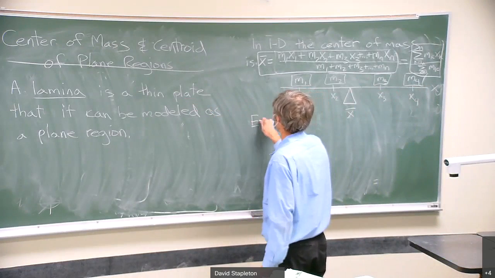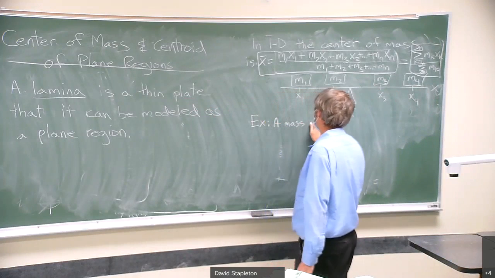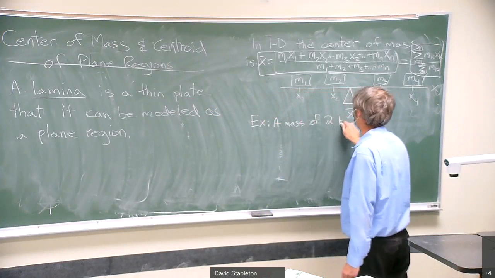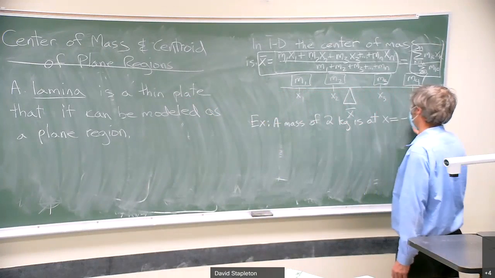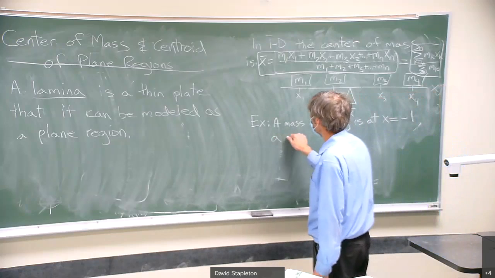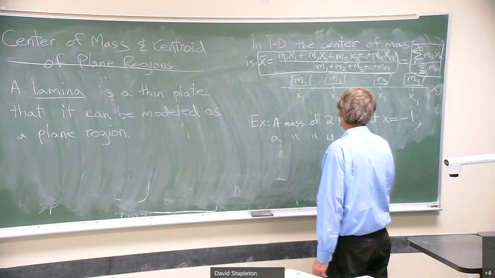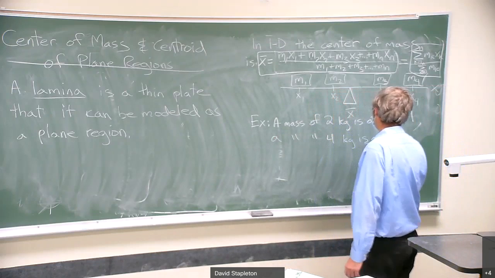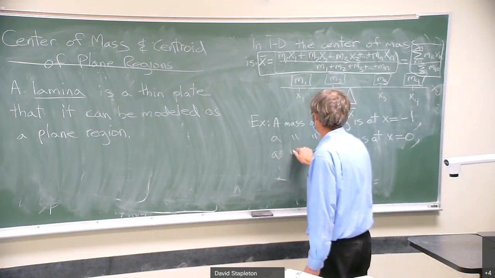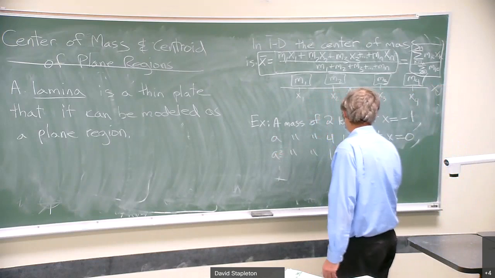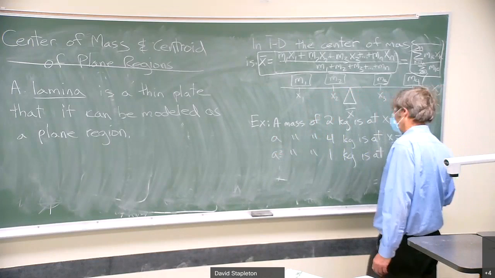So suppose I have this example: a mass of 2 kilograms is at x equals -1. A mass of 4 kilograms is at x equals 0. A mass of 1 kilogram is at x equals 2.